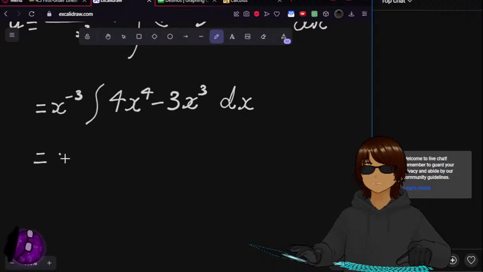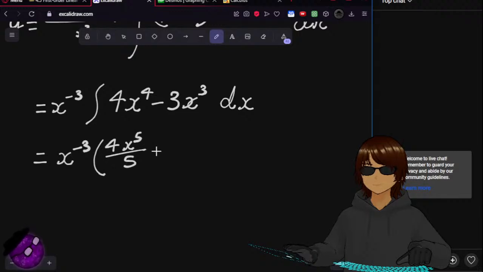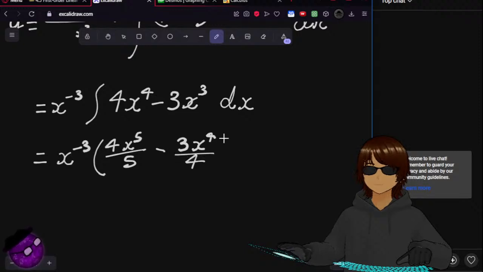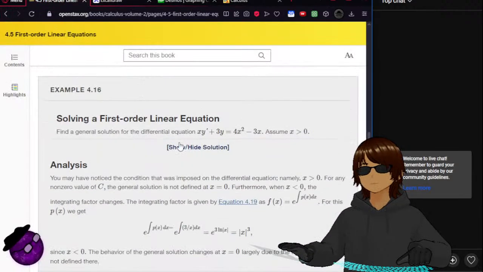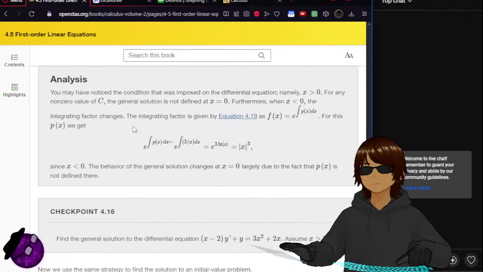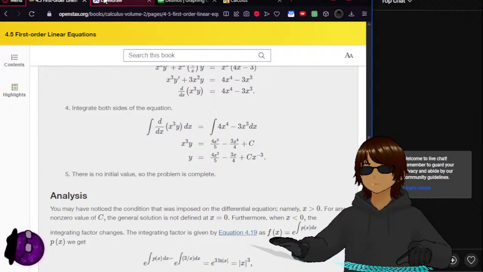x cubed, and this is, and then is this correct? x to the power of negative 3 for x squared.